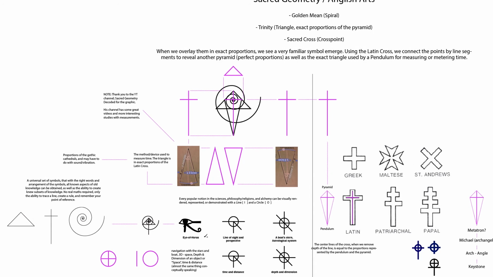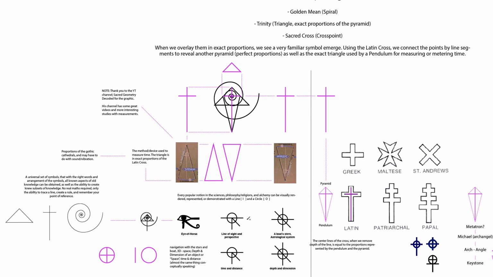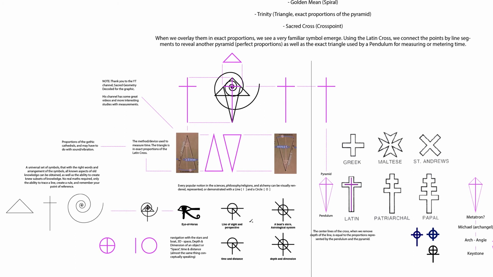I understand there may be some very evolved and very established notions behind the Eye of Horus already, and I've read many of them myself. But in the previous video, I mentioned how most of our notions, or in this case, every popular notion in science, philosophy, religions, and alchemy can be visually rendered, represented, or demonstrated with a line and a circle. And just to describe that visually, we have a line of sight and perspective.